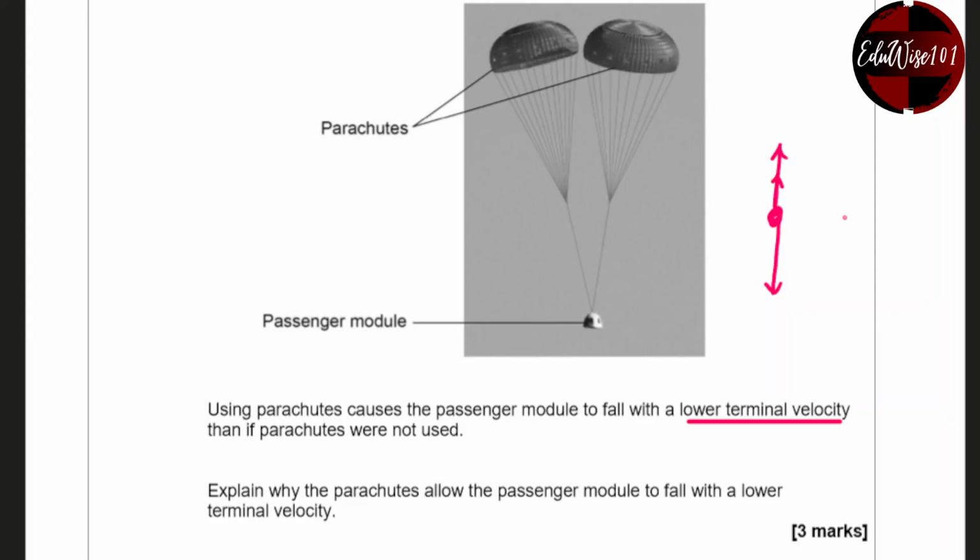Now, with the parachute, on the other hand, the upward force because of drag from the parachute or air resistance is bigger. So that matches the weight. Again, the overall resultant force is 0, remember, for it to reach terminal velocity, so it's going to be slower.